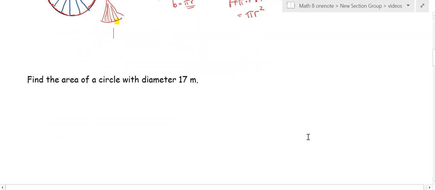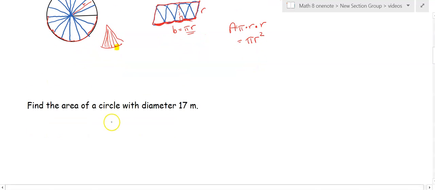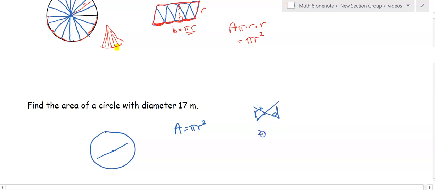All right, so if I gave you a circle with a diameter of 17 and I wanted to find the area of the circle, well, area is pi r squared. We cannot just say pi r squared is diameter. That's not true. 2r is diameter. So we have to use the radius here. We cannot just substitute diameter in.